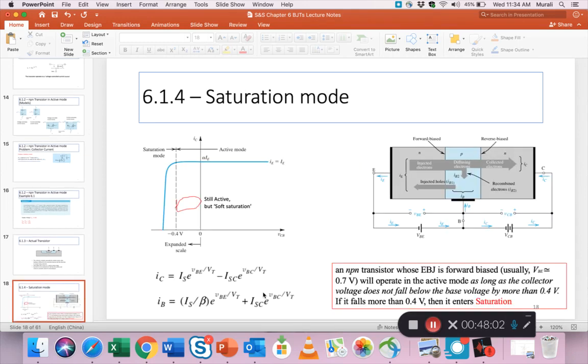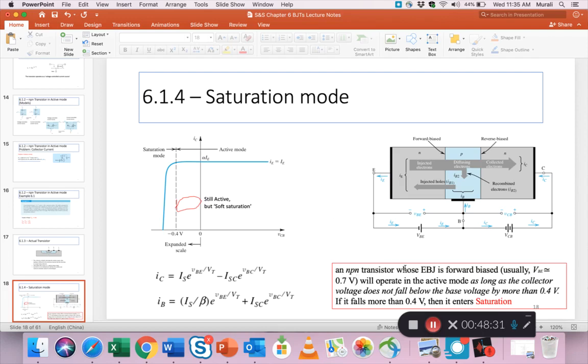Okay. Moving on to slide 18, where we spend a little more time on saturation. So far we've only talked about the active mode, but you have to become equally comfortable with the saturation mode also. We don't talk too much about the third mode, which is called the cutoff mode, but active and saturation are important. So what happens in saturation? Here's the definition.